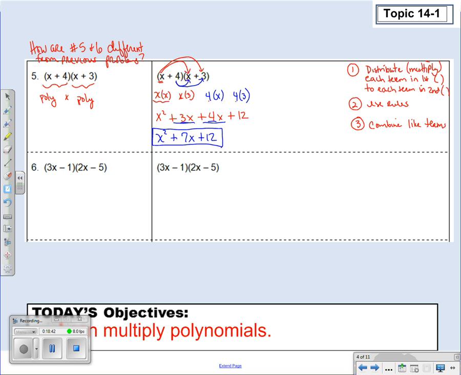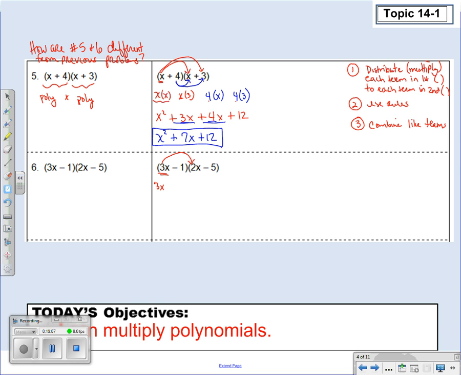Now I said I was going to show you a different method. So if the way that we did it with the arrows on number 5 was a little confusing, on number 6 I'm going to show you the same method as before plus another one, and then you get to decide which one you like better. So let's start with distributing what we have in the first parenthesis to everything in the second parenthesis.